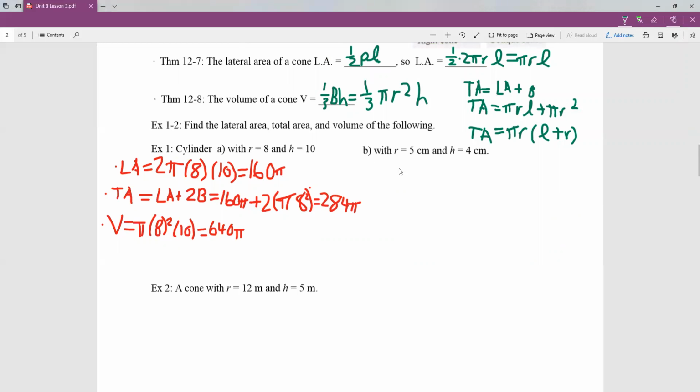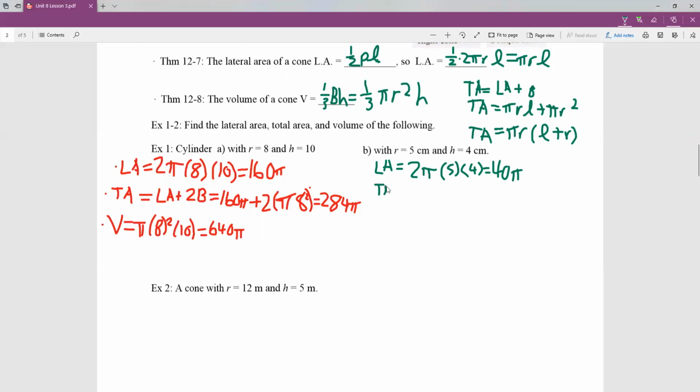Next, let's do, is this a cylinder again? It is a cylinder again. Okay. Well, let's do it again. So you basically just take 8 and 10, or sorry, 5 and 4, plug them into the formula. So that's 20, 40. So we got 40 pi.